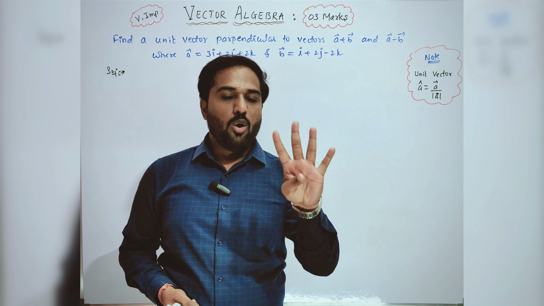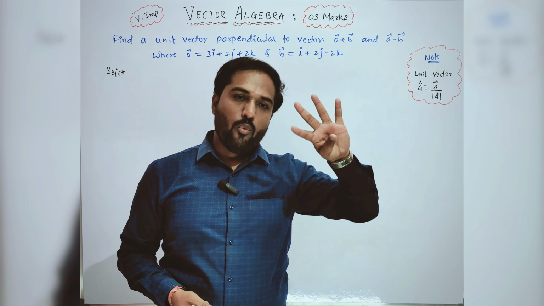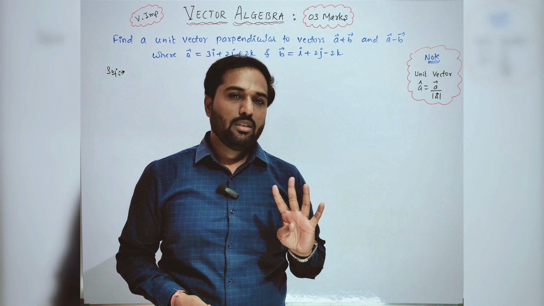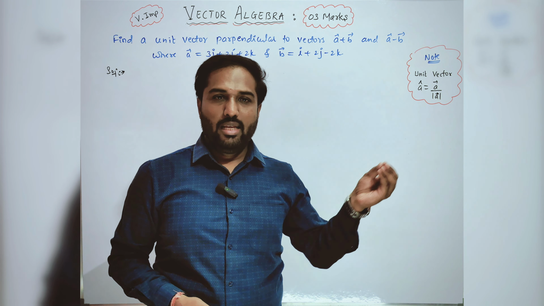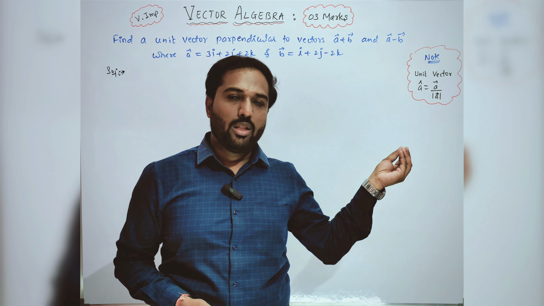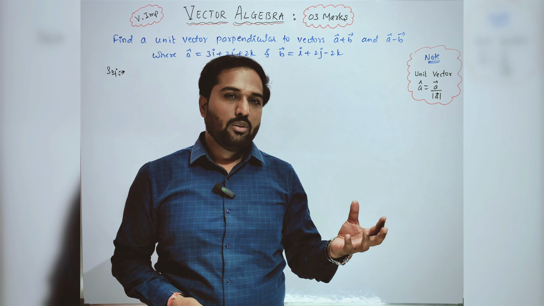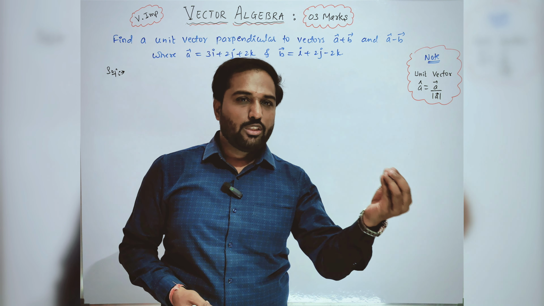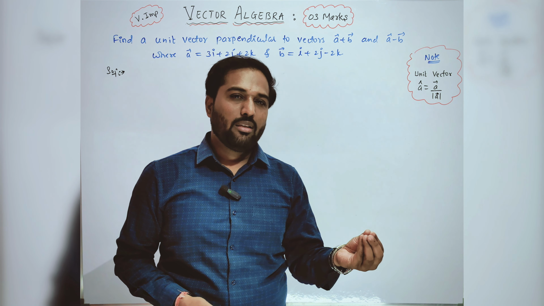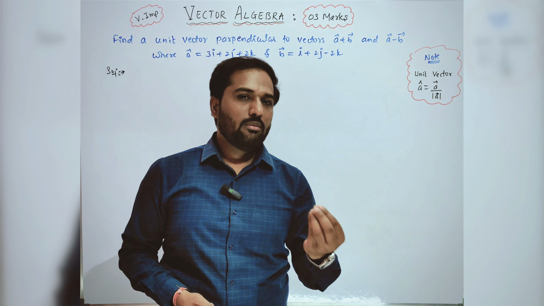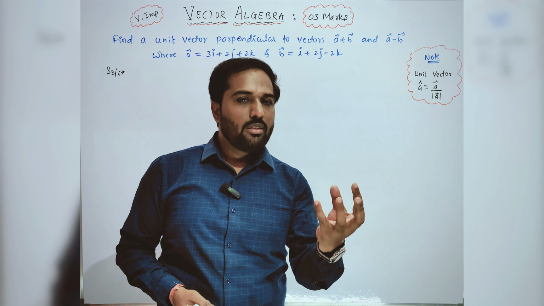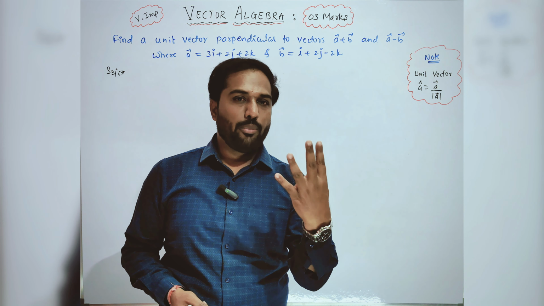Only four. The whole vector chapter depends on these four and a few formulas. Likewise, the conditions of perpendicularity, the area of a triangle, the area of a parallelogram, then the projection of vector a on b and b on a. Very simple. These are the only 6 to 7 formulas and 4 operations.